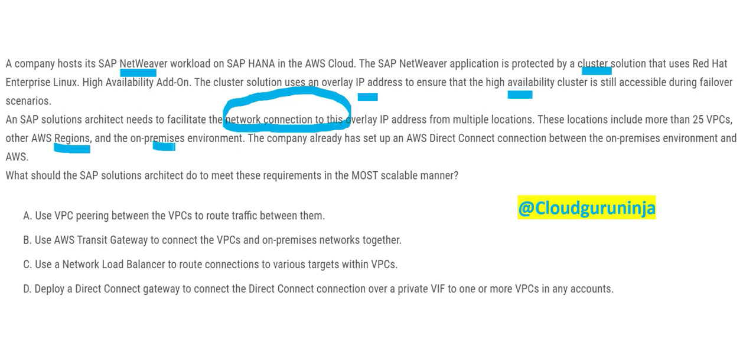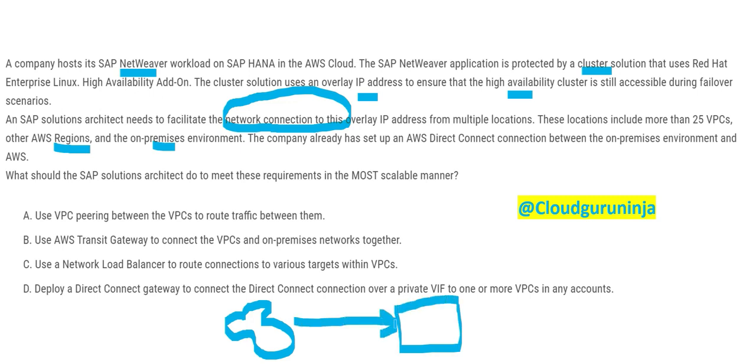Plus, they also have on-premises, and AWS Direct Connect is there. So if you have on-premises like this, and then you have AWS, they have put a special wire that will help. That is Direct Connect.